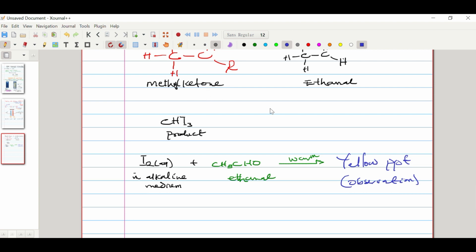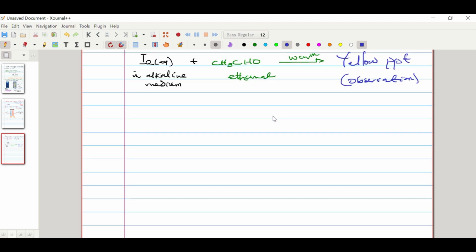So how does the reaction go? How does it go for us to have this kind of product? Let's write the equation of the reaction just to show how it happens. I will just use any compound that contains COCH3.